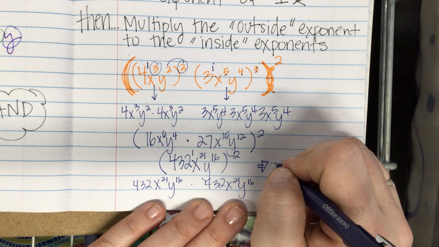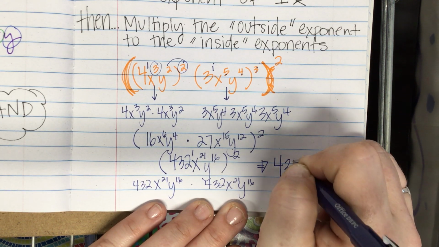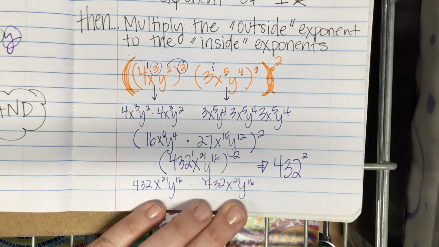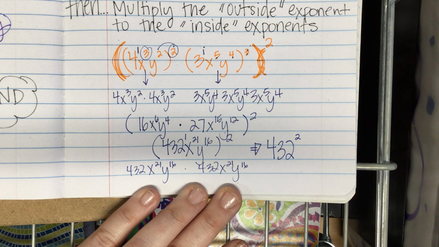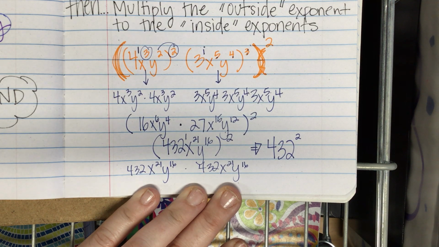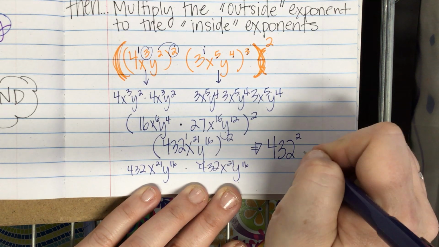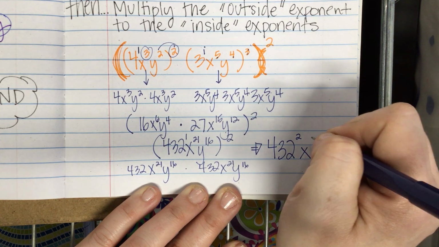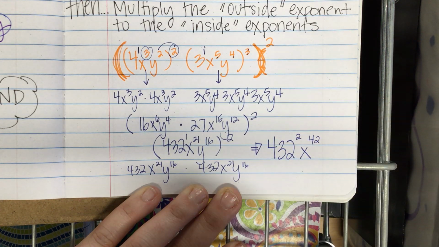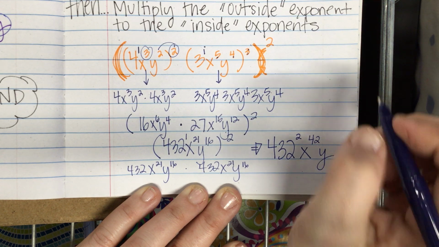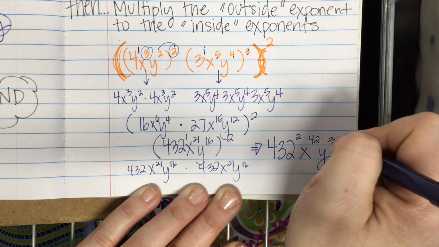432 squared sounds big, so I'm going to leave it as 432 squared. 21 times 2 is 42, and y to the 32nd.